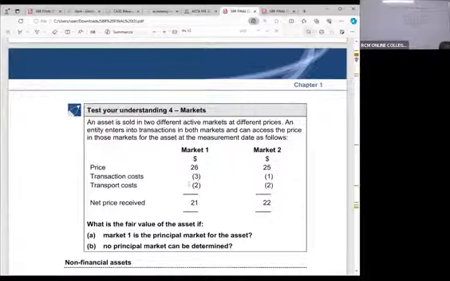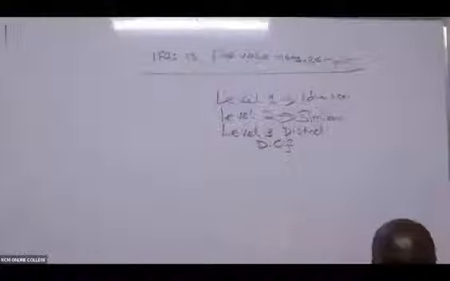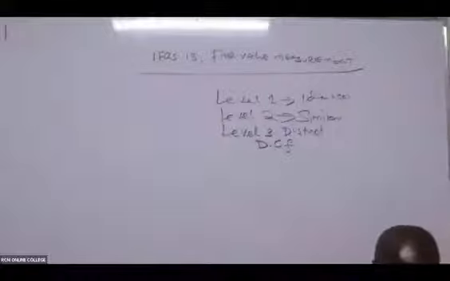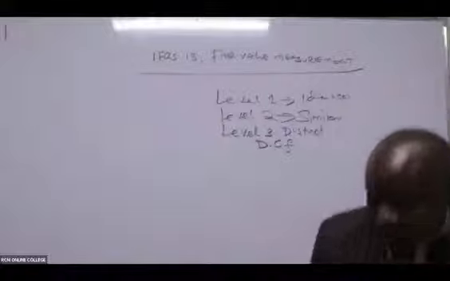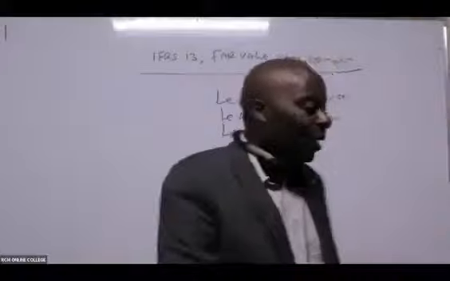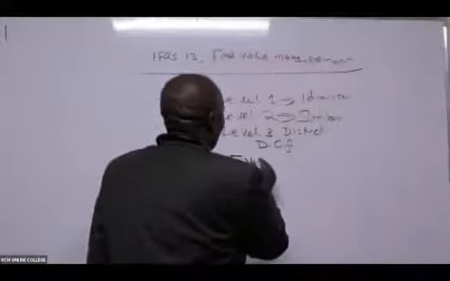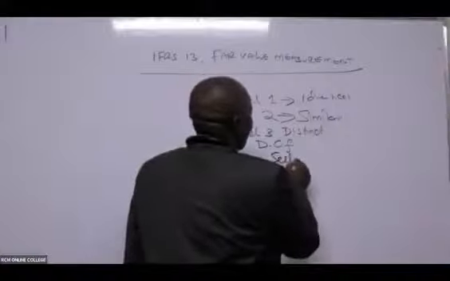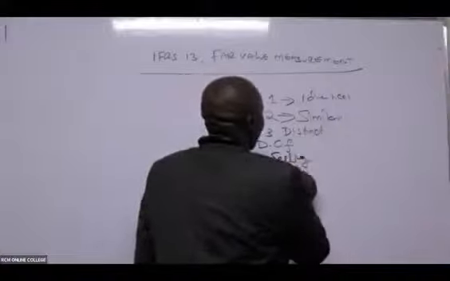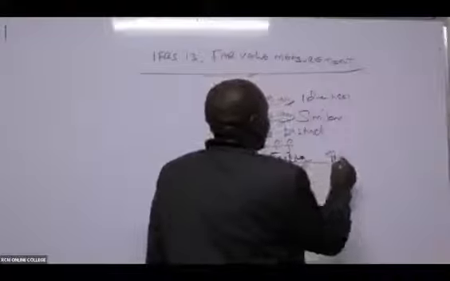So if market 1 is our principal market, the only market we have at the moment, how do I get this fair value? Very easy. Fair value, I'll simply take the selling price minus, in this case, transportation costs.